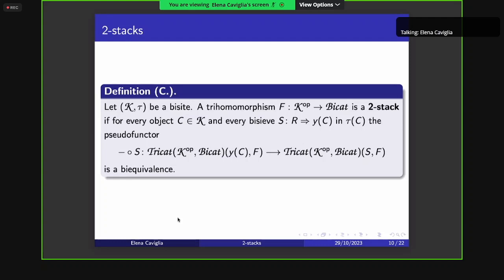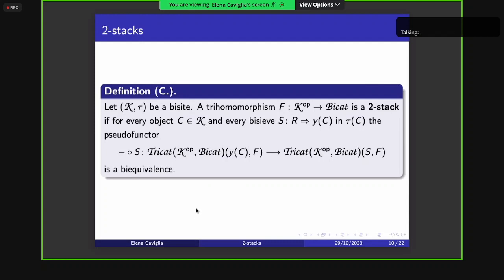So if we want to prove that something is a two-stack using this definition, this is going to be a nightmare. We really need some explicit conditions that we can check more easily.